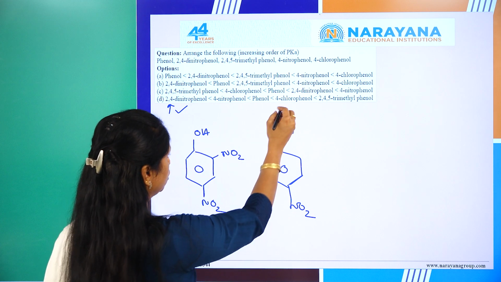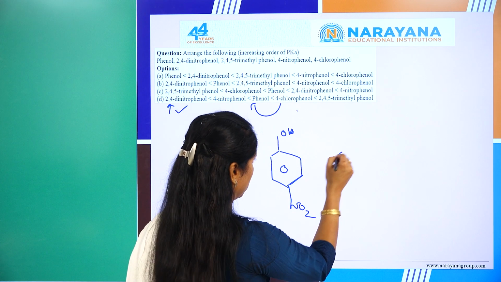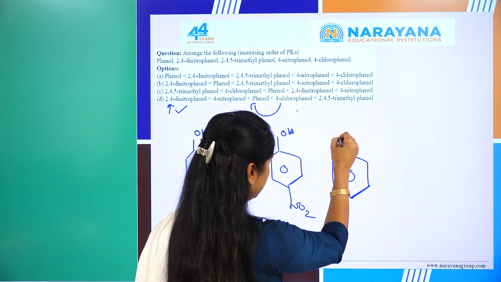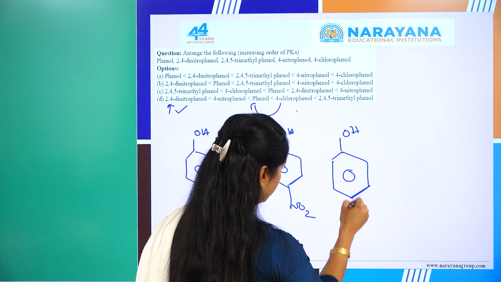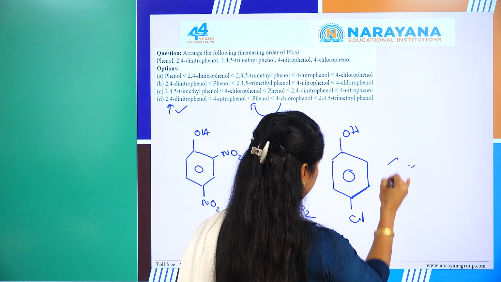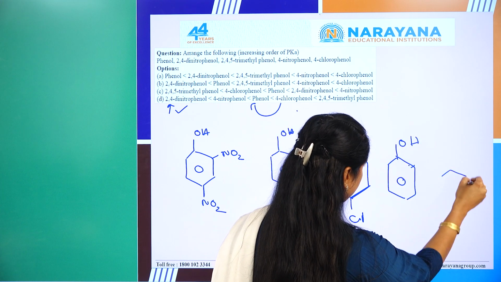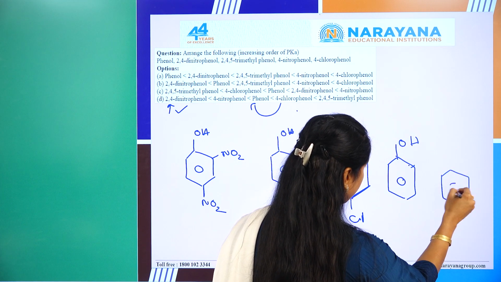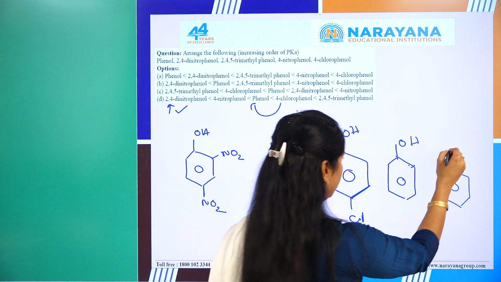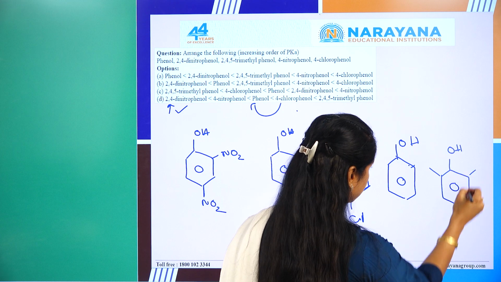So definitely the correct option might be 4-chlorophenol, and then phenol, and 2,4,5-trimethylphenol. Methyl groups are electron donating by inductive effect and hyperconjugation, which are decreasing the acidic strength.